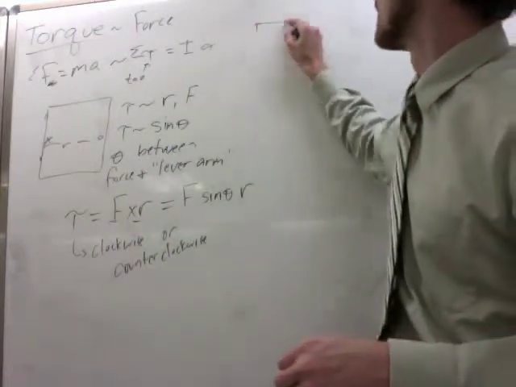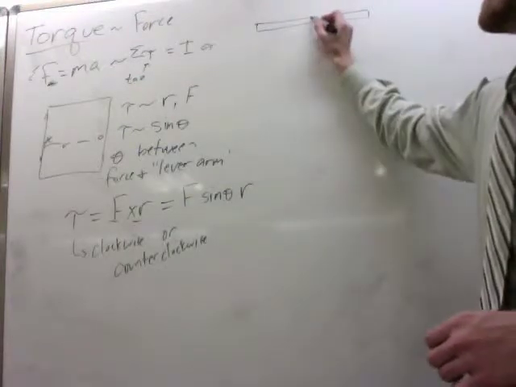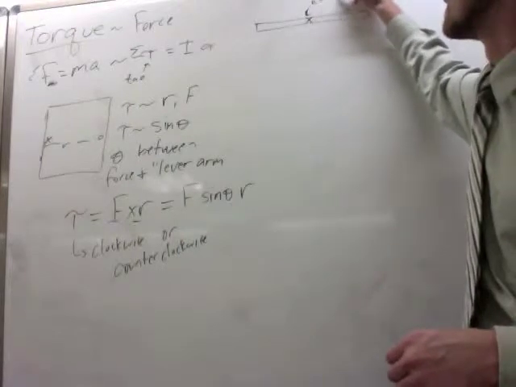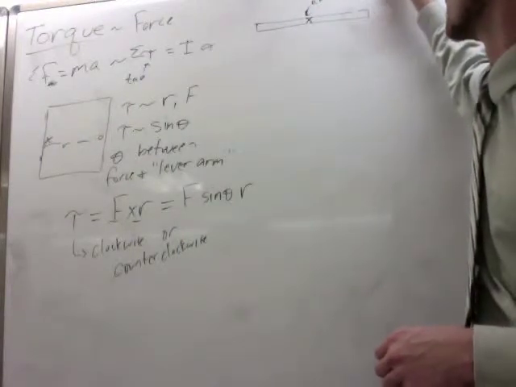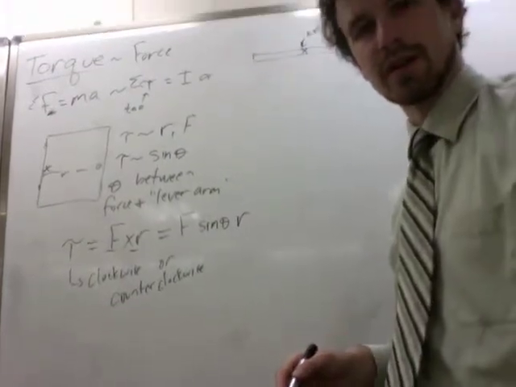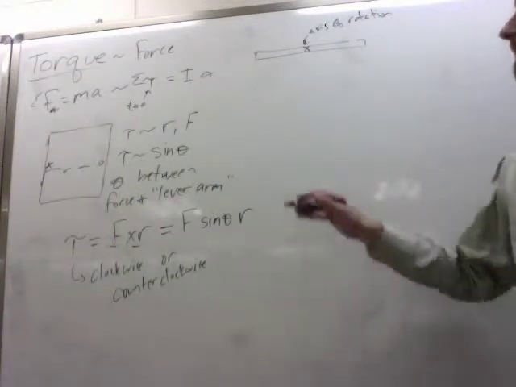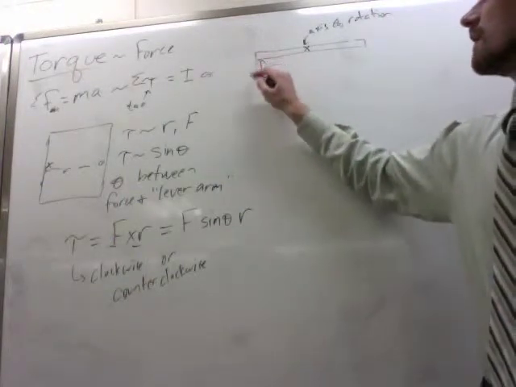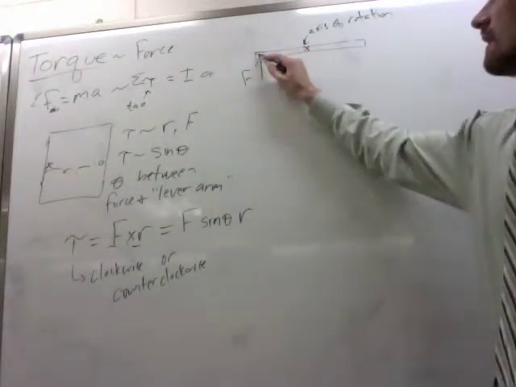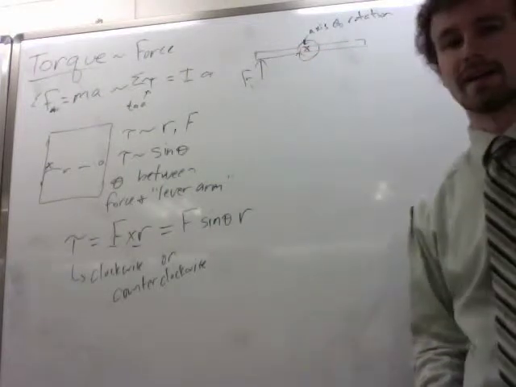Say I have a rod. It's just chilling out here, and we always identify the axis of rotation with a little x. Oh, that's out of your screen. I apologize. We identify the axis of rotation with a little x. If we apply a force over here, this will cause the rod to spin that way.